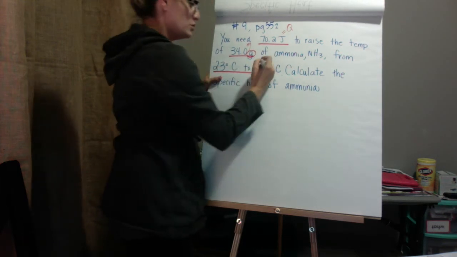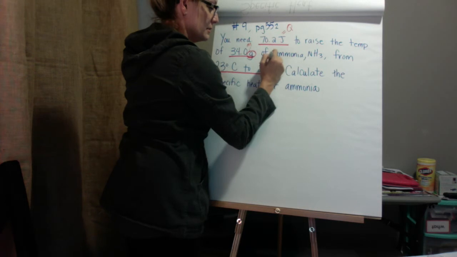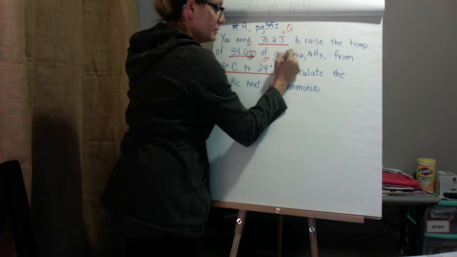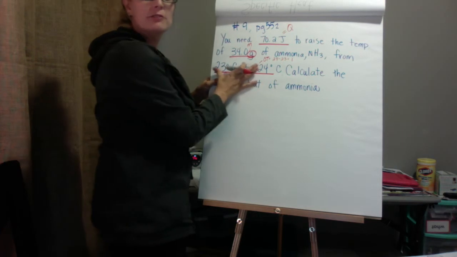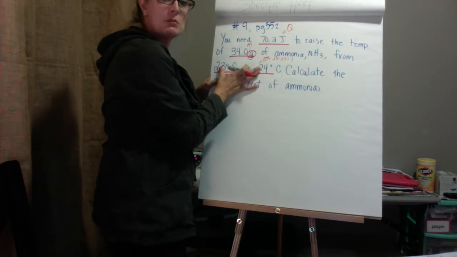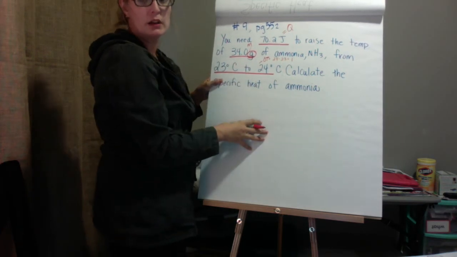So my temperature change is 24 minus 23. Typically, you're going to have a much bigger temperature change, but you have to find the change in your temperatures before you can start plugging and chugging, all right?